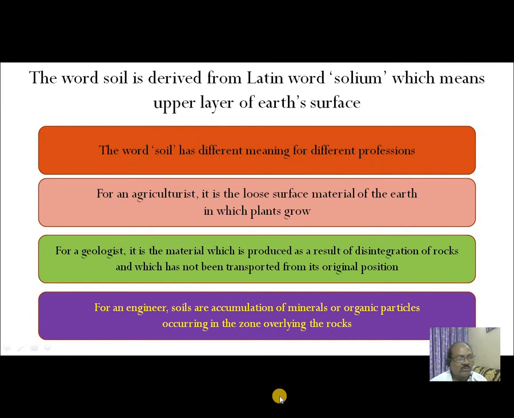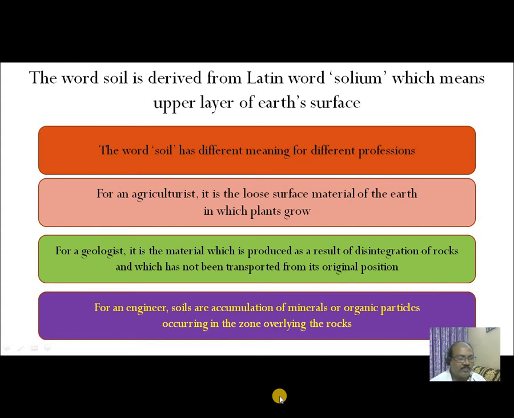As we know, the word soil is derived from the Latin word solium, meaning the upper layer of the earth's surface. And the word soil, of course, has different meanings for different professionals.